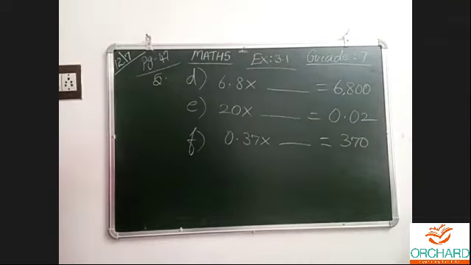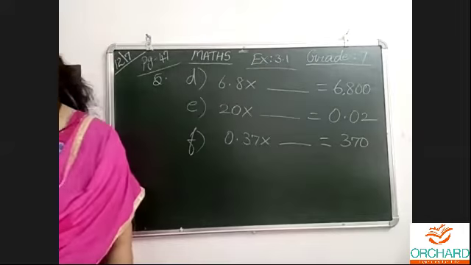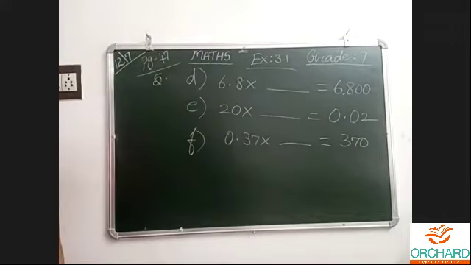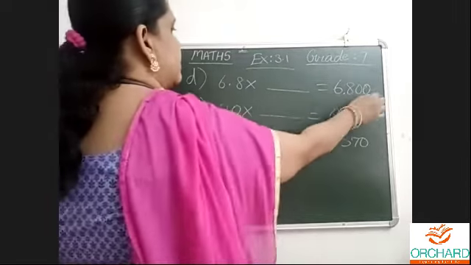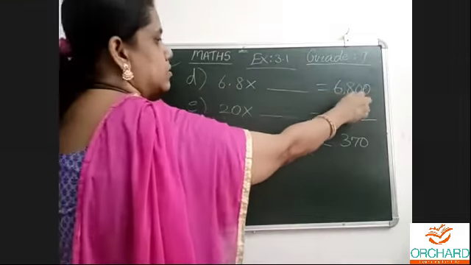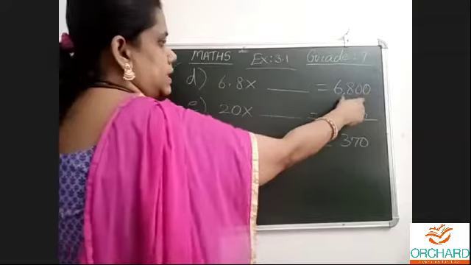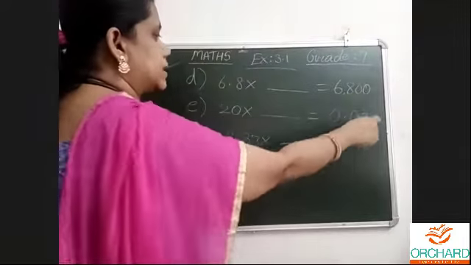Fill in the blanks 3.45. A, B, C we completed already on that day, so we started at the D sum. Now, 6.8 multiplied by what is 6,800. We know that the point went off. 6800 is a full round number, an integer, where we don't have any point at all.